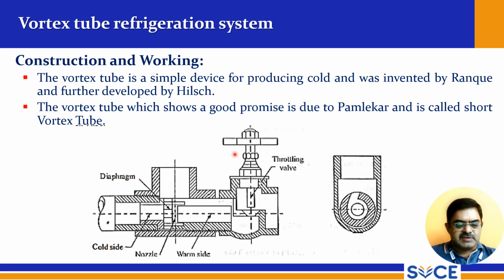So here is the diagram, and you can see the cold side. Inside you can see the vortex tube, and we have the nozzle here, and this is the throttling valve, this is the warm side and this is the colder side. Now we have a diaphragm, which separates the cold side from the warm side, and we can adjust the throttling valve using this arrangement.